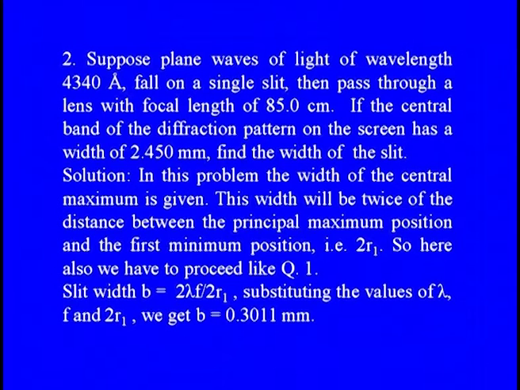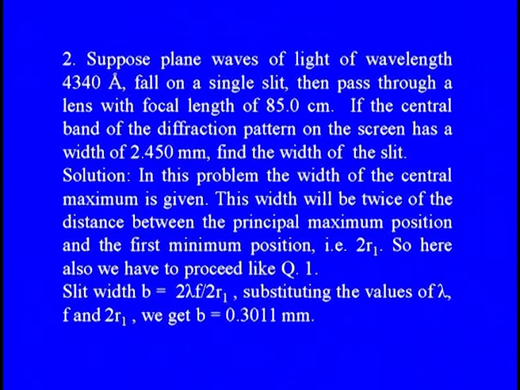Now in this problem, the width of the central maximum is given. This width will be twice the distance between the principal maximum position and the first minimum position, that is 2 times R1. So here also we have to proceed like question number 1.